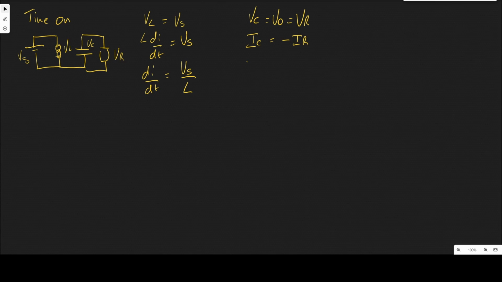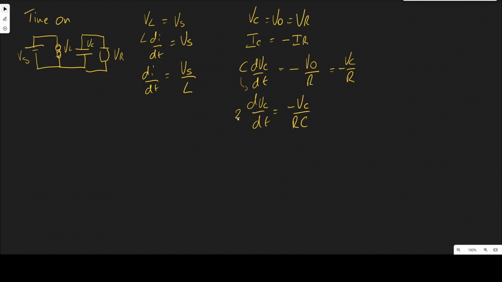Now Ic can be written as the capacitance multiplied by the rate of change of the capacitor voltage, which is equal to minus Vout all over R, which is also equal to minus Vc all over R. And taking the capacitive term to the other side, we would yield dVc/dt equal to minus Vc all over RC.